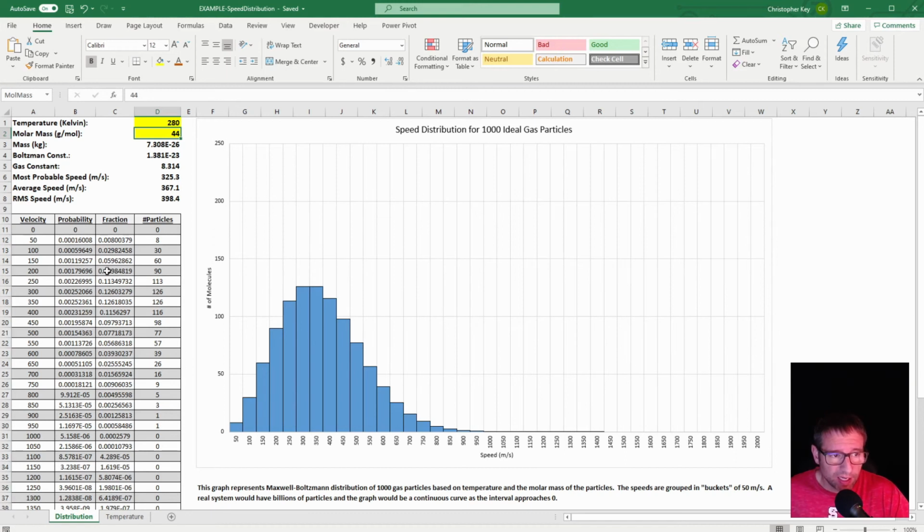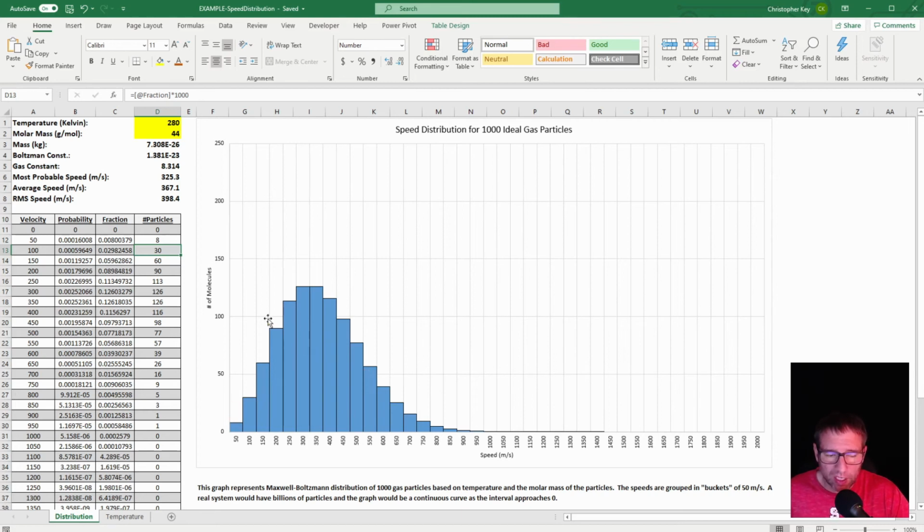And then I've taken that and divided it by the total probability to get the fraction of particles, and then I multiply that by 1,000 in order to determine how many of those 1,000 particles would be at each speed. Now keep in mind, this is done in kind of buckets. In other words, of course I've got particles that are moving at 105 or 102 or 98 or 615.